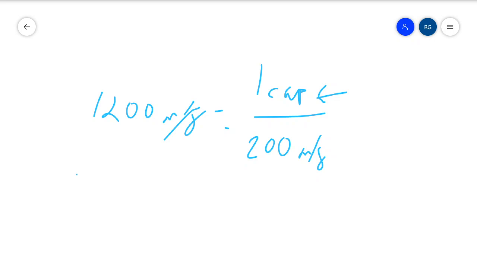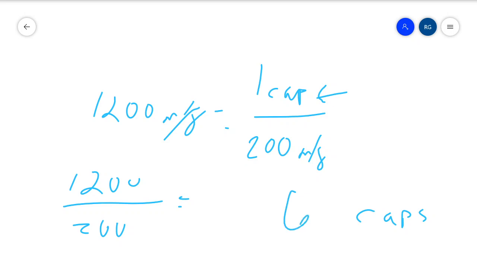So simple, 1200 divided by 200 gives us how many caps we need. So 1200 divided by 200 equals 6 caps.